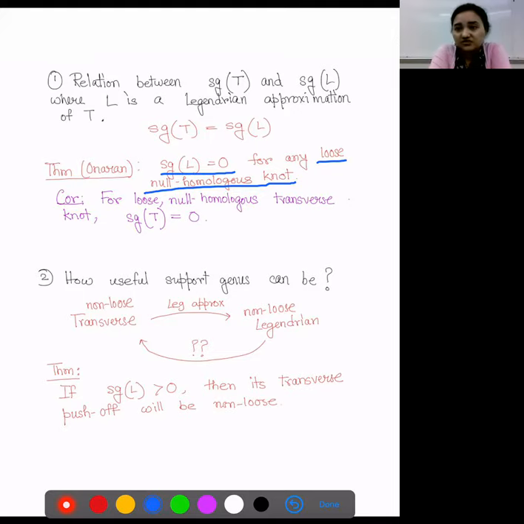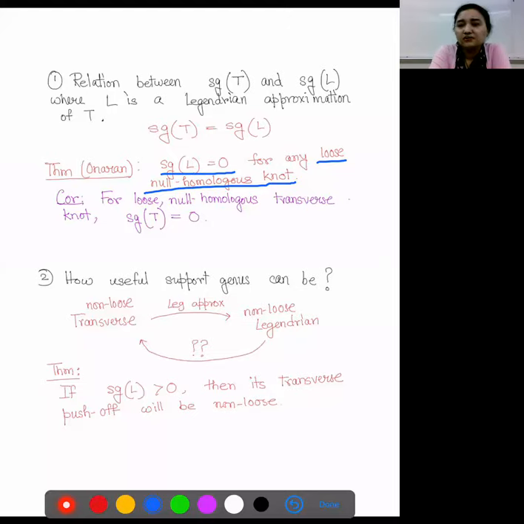So the corollary to this result for transverse knots is that a loose null-homologous transverse knot has support genus 0.